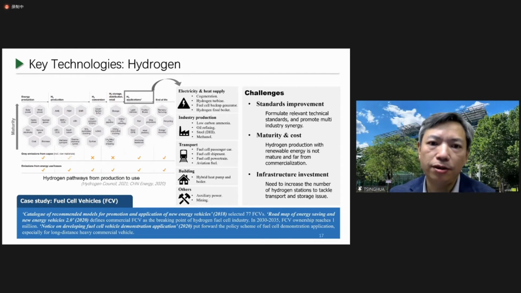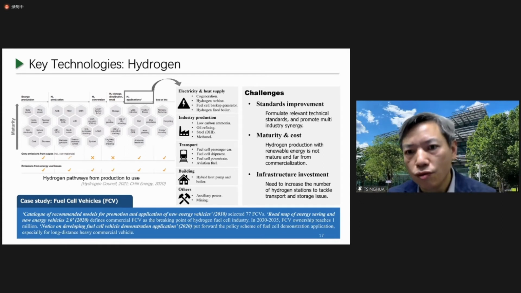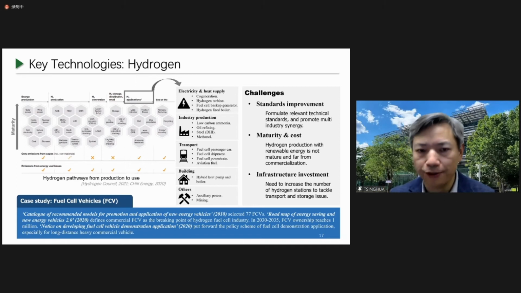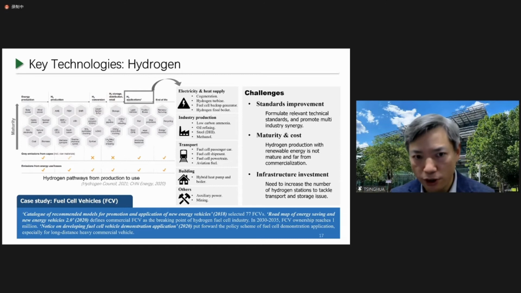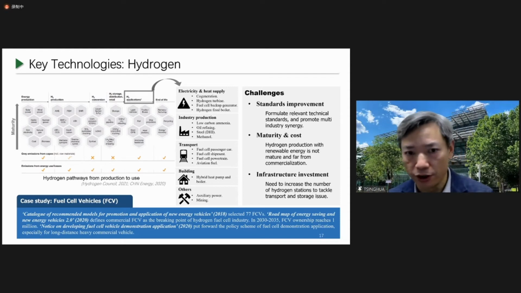In industry process, hydrogen can be used as reductant for ammonia, steel, methanol, and oil refining. In building sector, hydrogen can be used as heat pump hybrid with boiler, and in transport, very directly, hydrogen can be stored in fuel cell, so it's a new type of electric vehicle.